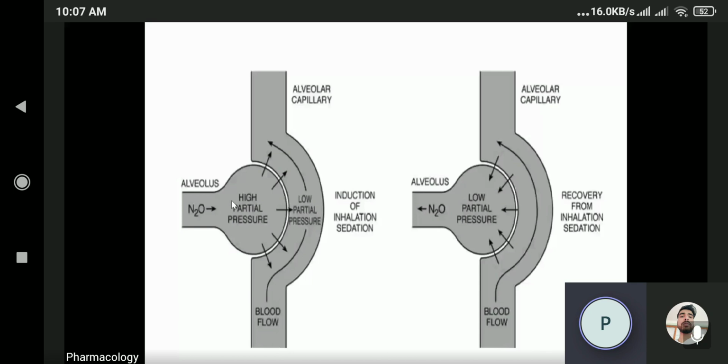But we are talking about the discontinuation of nitrous oxide. When it is discontinued, from the areas of the brain it runs very much faster to the blood compartment, because it has a faster recovery also.